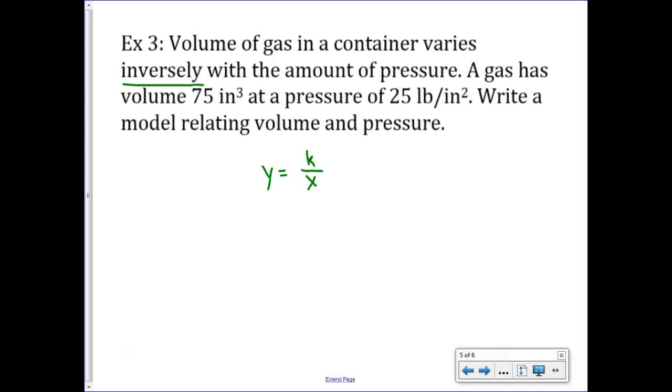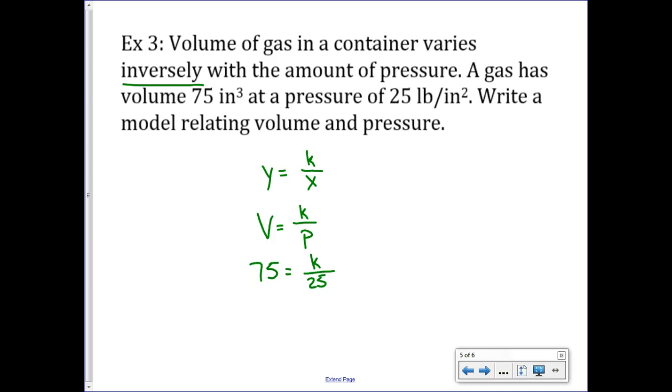But in this case, we want to relate volume and pressure. So volume equals the constant over the pressure. So we get 75 as our volume, and k over 25 as our pressure.